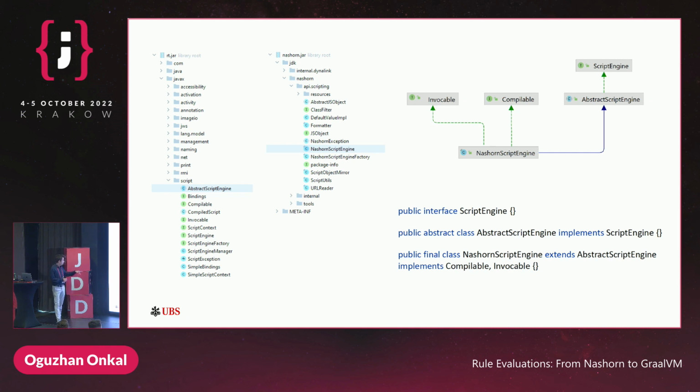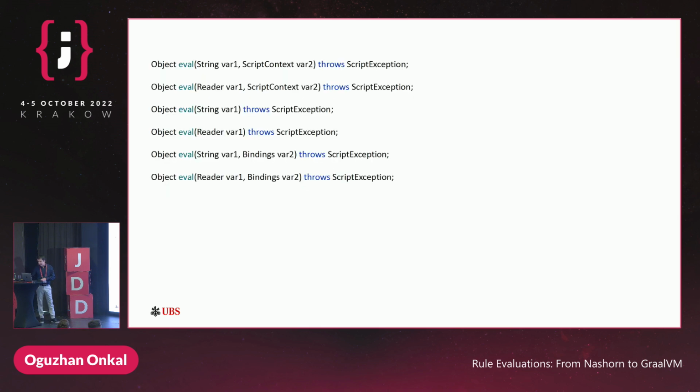There are also some useful classes like ScriptEngineManager, which will be useful for us in a bit. You also see the class definitions and interfaces there. Now let's try some basic examples of how we can use them. But before that, this script engine has one core function called eval, which will be very useful for us.